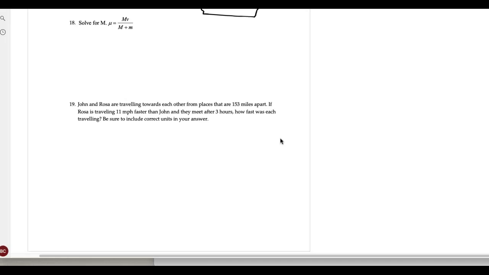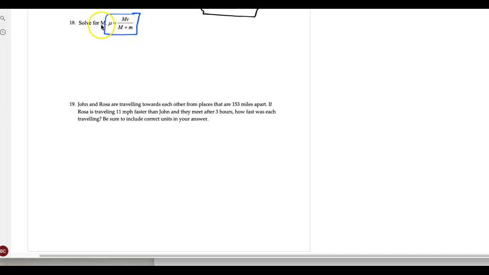Now this one, you're just solving for a certain letter. Here is the formula. They'll give you some kind of formula, and it's saying solve for this capital M. Right now that capital M is in the denominator, so trying to get it by itself is going to be hard.